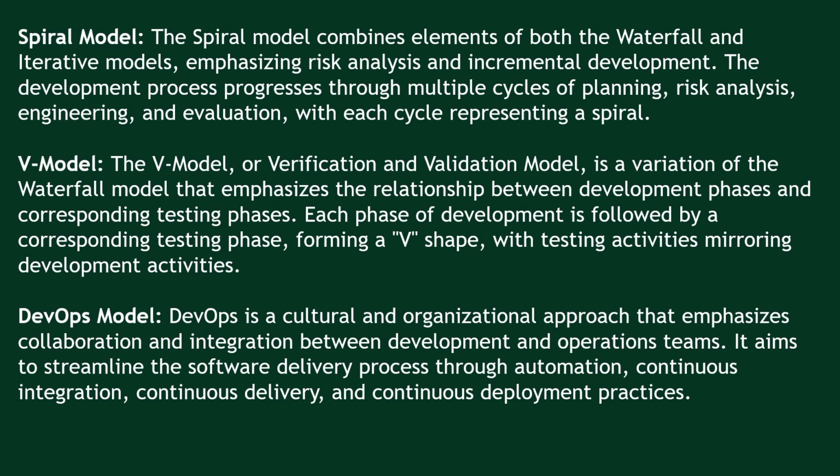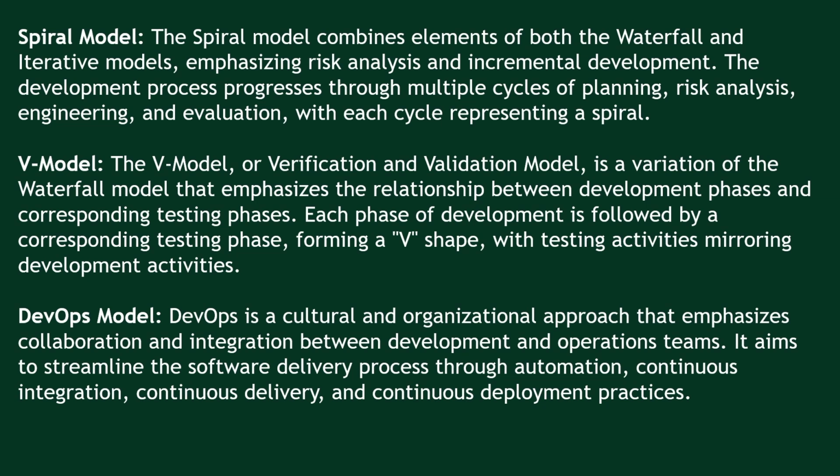Spiral model. The spiral model combines elements of both the waterfall and iterative models, emphasizing risk analysis and incremental development. The development process progresses through multiple cycles of planning, risk analysis, engineering, and evaluation, with each cycle representing a spiral. V model.